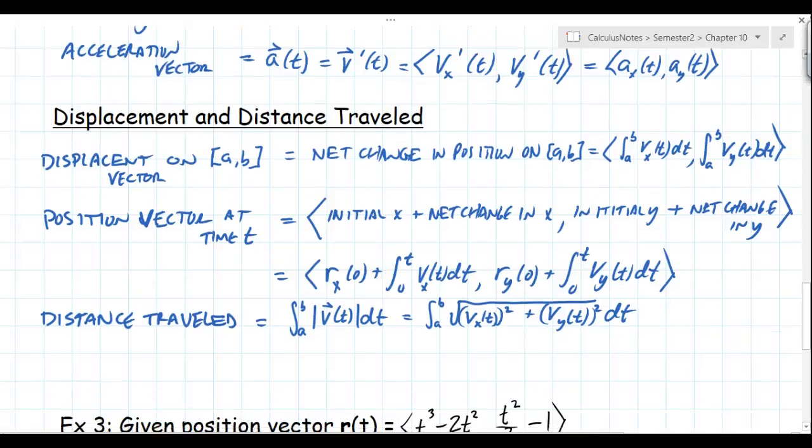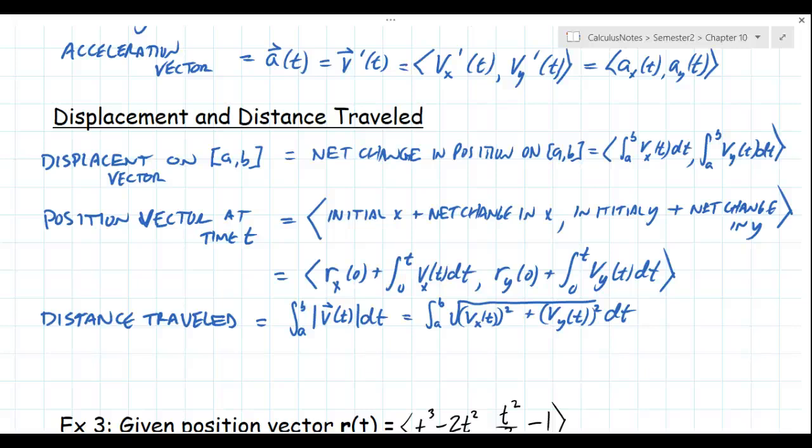Any questions so far? Anmol? Because when you do an integral, that just tells you how much something changed.